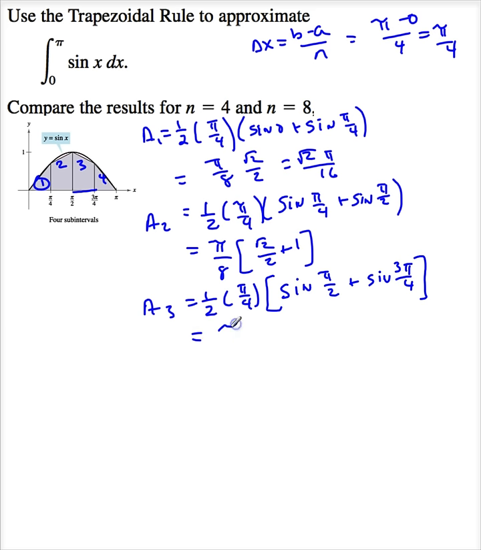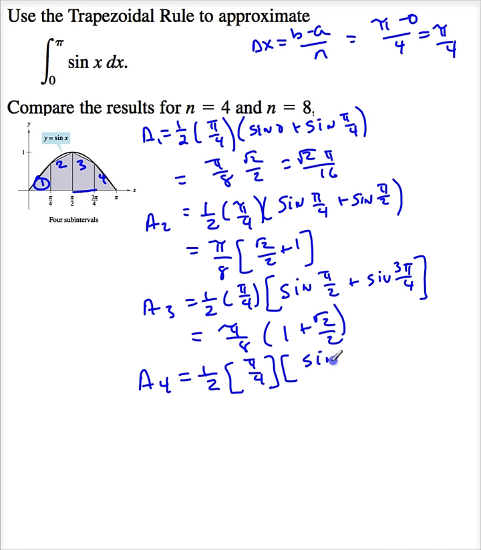So this is pi over 8 times the sine of pi over 2 is 1 plus square root of 2 over 2. And the fourth area is 1/2. The base is pi over 4. Now sine of 3 pi over 4 plus the sine of pi gives me pi over 8 times the square root of 2 over 2, or pi square root of 2 over 16.